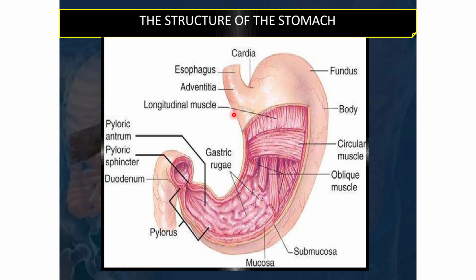A sphincter means that it will not let the food regurgitate into the esophagus. So to prevent regurgitation of food into the esophagus, there was a need for a sphincter, and various angulation and physiological factors maintain this sphincter physiologically.